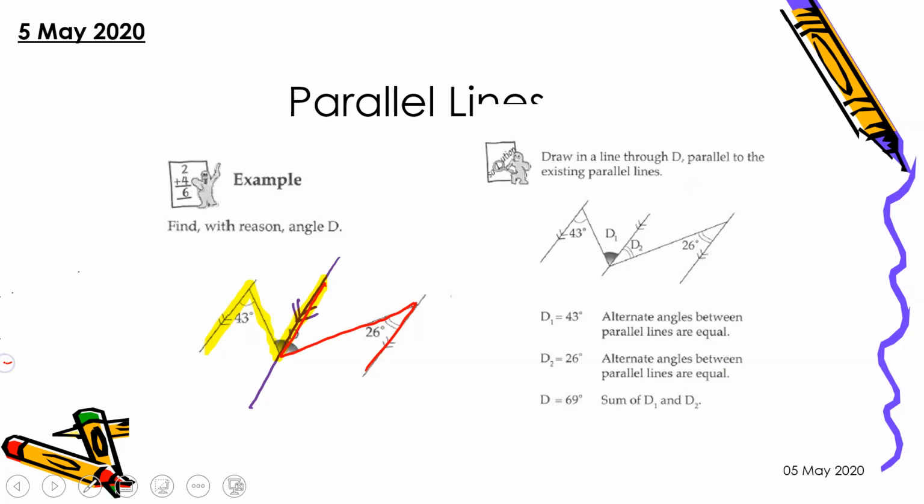In other words, this one must be 26 and this one must be 43. So therefore you end up with the sum of those two, which is 69. So don't be afraid of adding information like that or adding lines. Make sure you use the correct notation. Notice how when I've added that line, I've also said that it's parallel, and it suddenly creates that one.